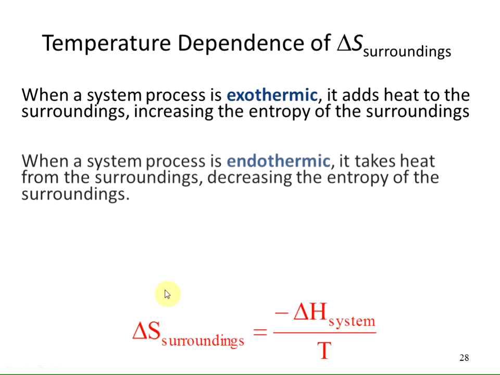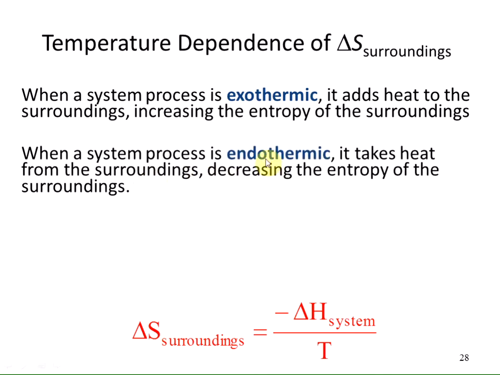But when a system process is endothermic, so you're putting energy in, it takes heat from the surroundings, and this decreases the entropy of the surroundings. Putting energy in, this is a positive delta H, so a negative of a positive gives you a negative delta S of the surroundings.